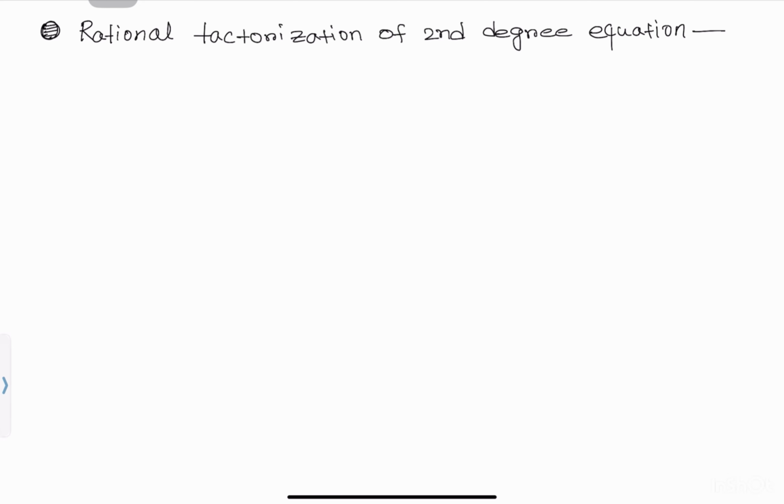Assume I have a second degree equation ax square plus 2hxy plus by square plus 2gx plus 2fy plus c. This is my second degree equation. Our main goal is: can I express this equation as a multiplication of two linear rational coefficient equations?